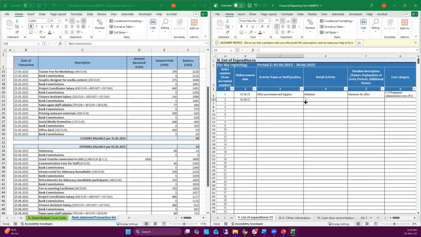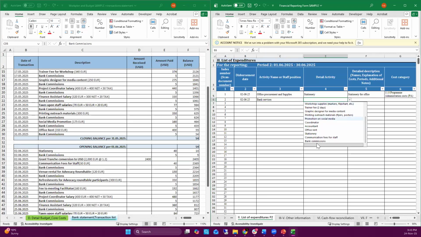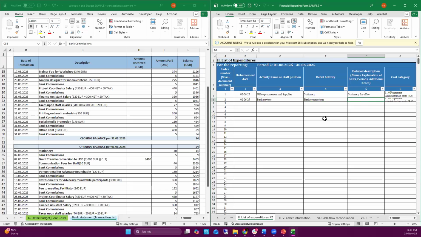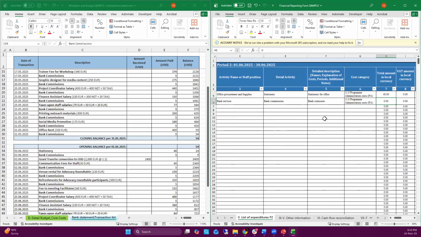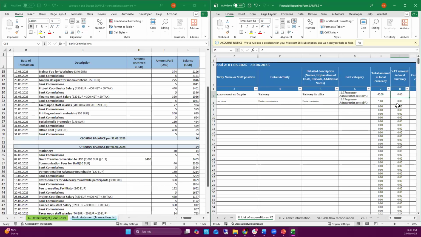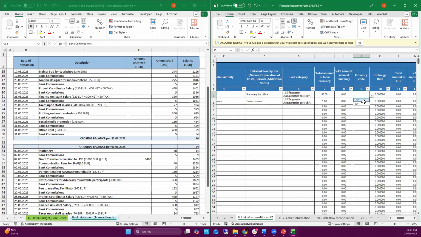So here I will enter this bank cost for the commission separately in order to keep up with the correct exchange rate. So it was 5, and we have here USD for the old rate.